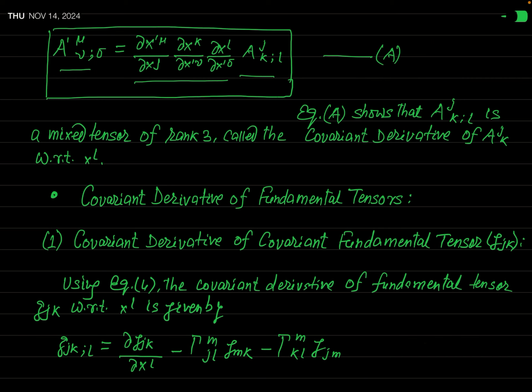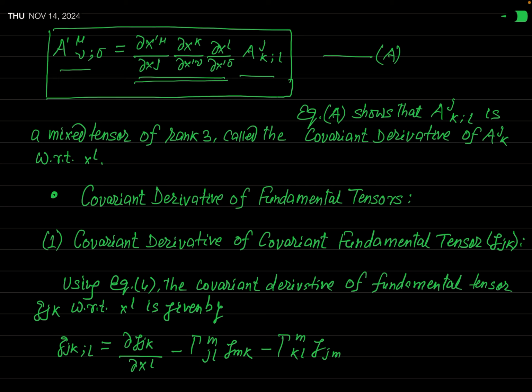Now see this result seriously. Can you say that this equation represents the transformation law for a tensor of what rank? Definitely there are 3 partial derivatives, so this will definitely represent the transformation law of a tensor of rank 3.